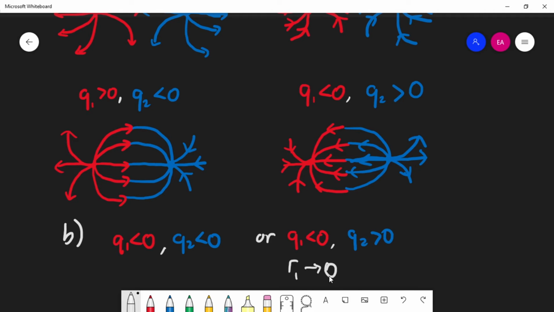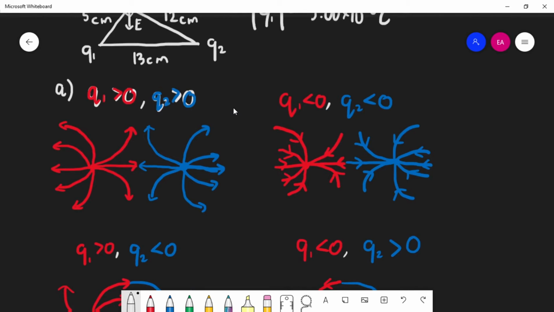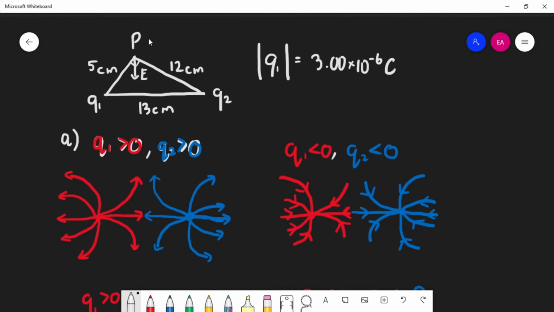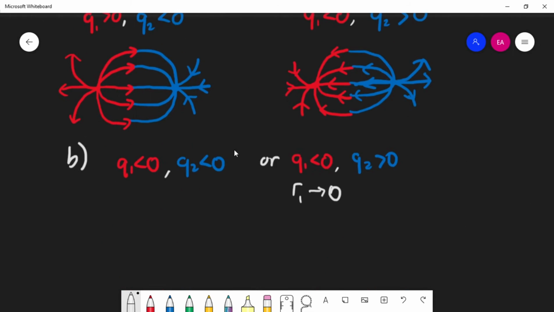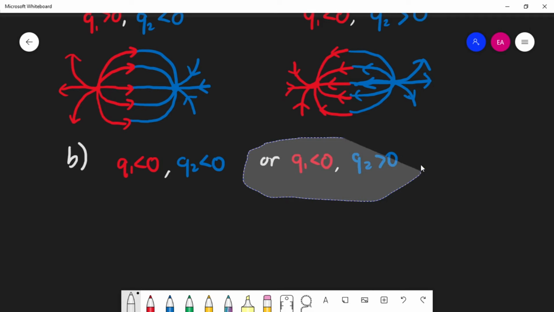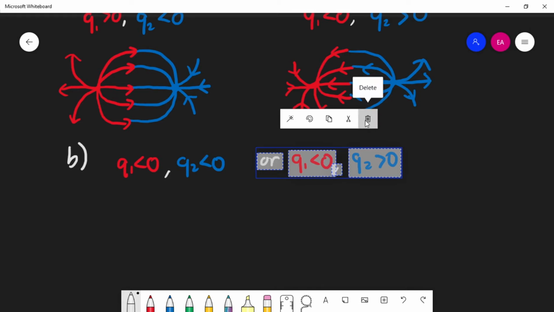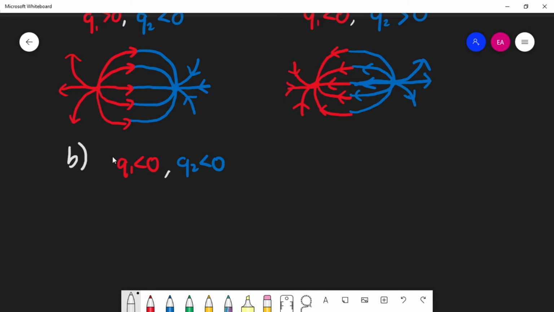However, we would see that the distance between Q1 and P is 5 centimeters, which is not close to 0. In real life, it probably is very, very little, but it is not even close. So using the process of elimination, we can eliminate that, and our only answer is this. Q1 is negative and Q2 is negative as well.